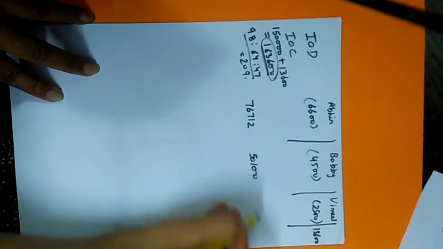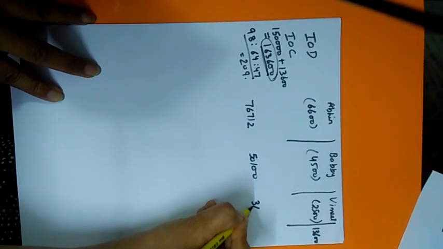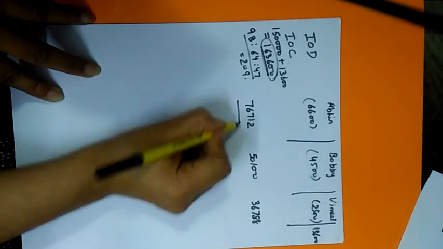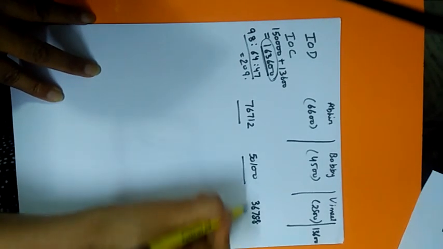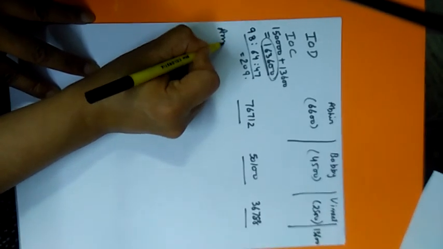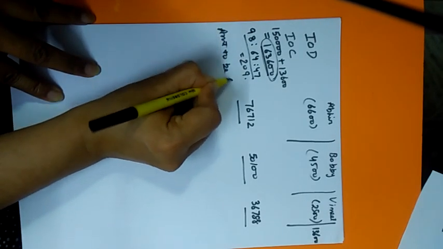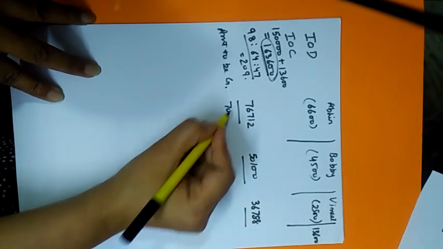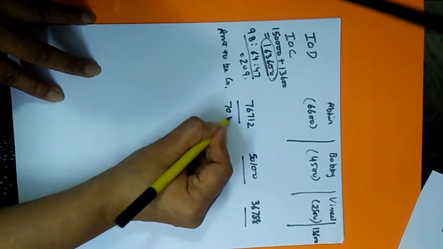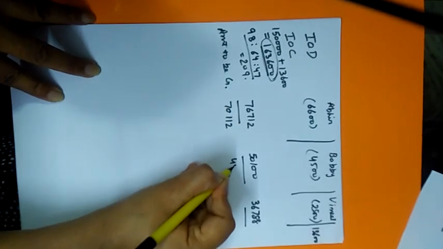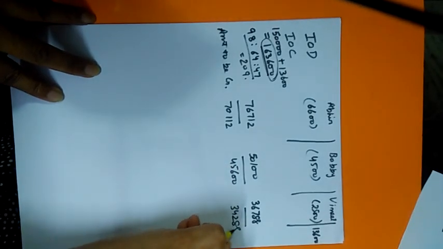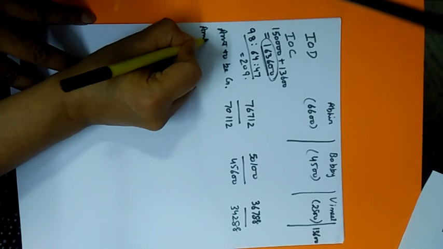This is approximate because this comes in decimals, so you can round off the figures. Now this is the amount to be credited: 70,112, 45,600, 34,288.